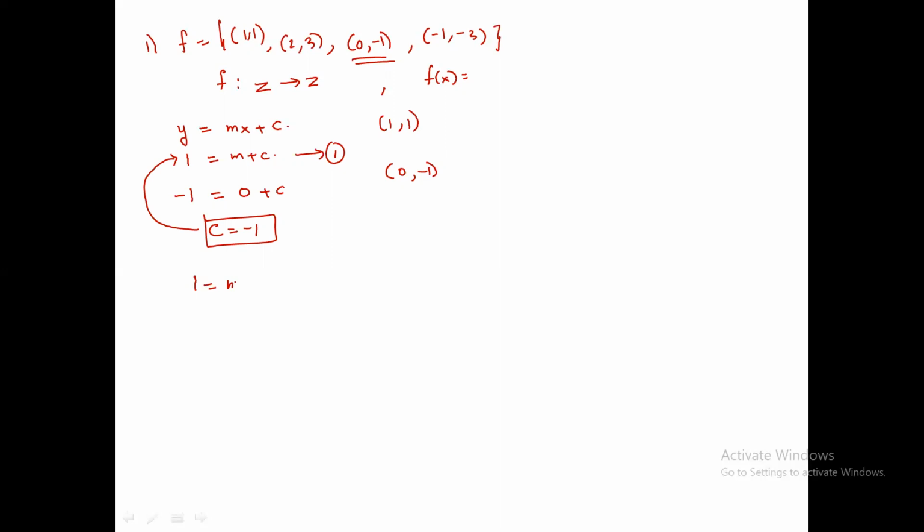So 1 = m - 1, or m = 2. So the linear function y = mx + c is 2x - 1. Let's go to the next example.